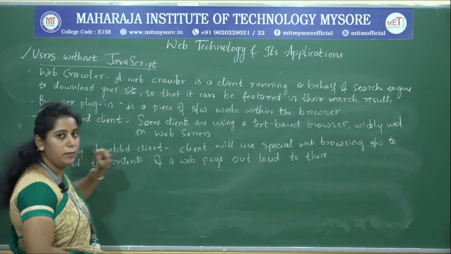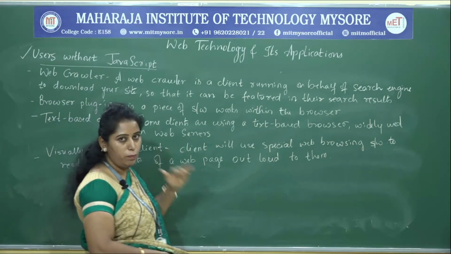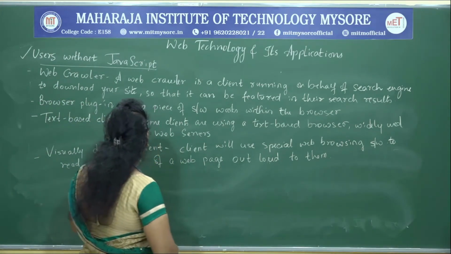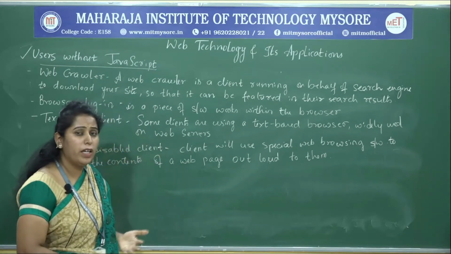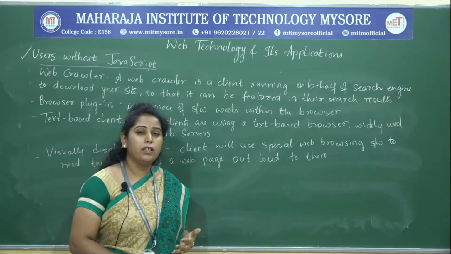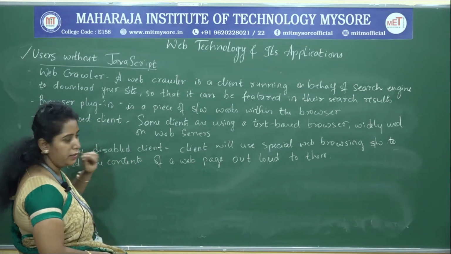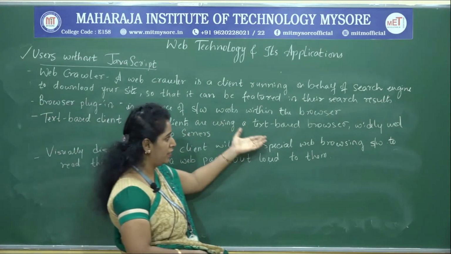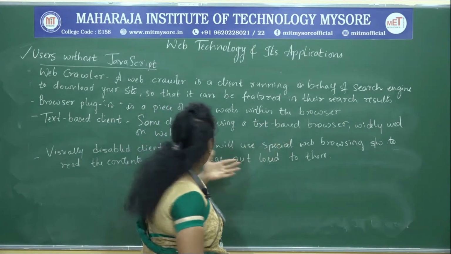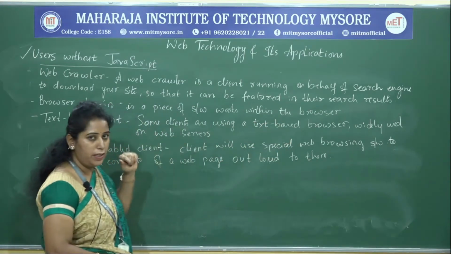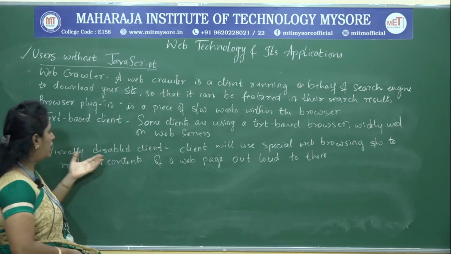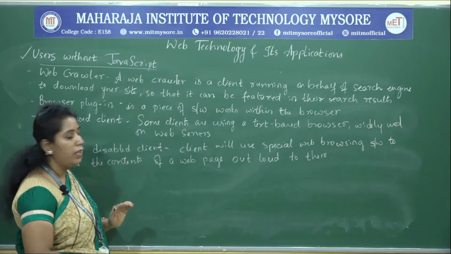Browser plugin. It is a piece of software within the browser which improves the capability of the browser. Text-based client. Some clients use a text-based browser, widely used on web servers. Visually disabled client.